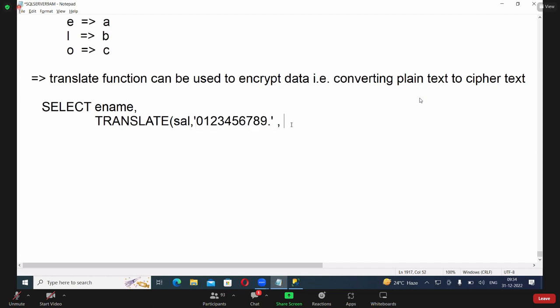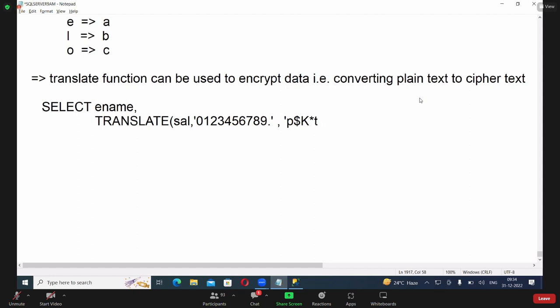Next, I want to translate 0 to, suppose, P. Translate 1 to, suppose, dollar. Translate 2 to capital K. Translate 3 to star. Translate 4 to small t.